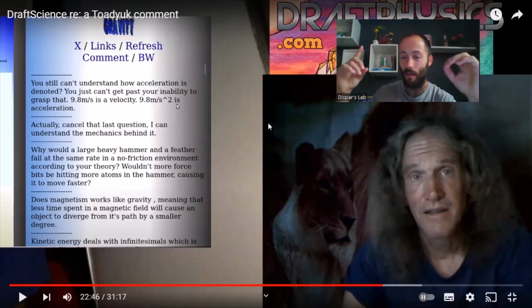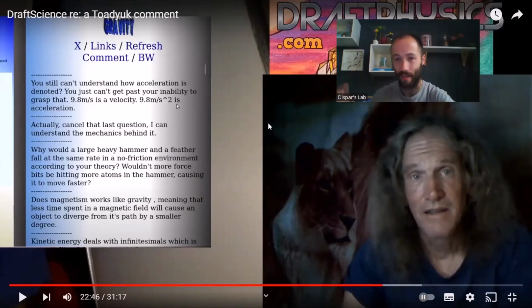If it took only 1 second, then that means that I have gained 9.8 meters per second in 1 second. Meters per second per 1 second, okay? That would be the change in my velocity over time. And that's acceleration.